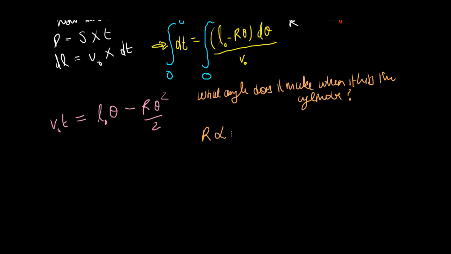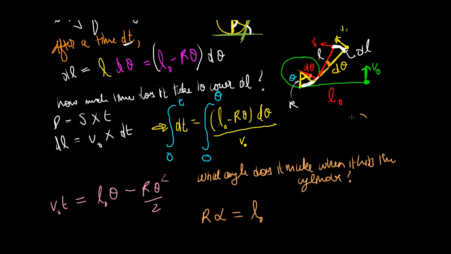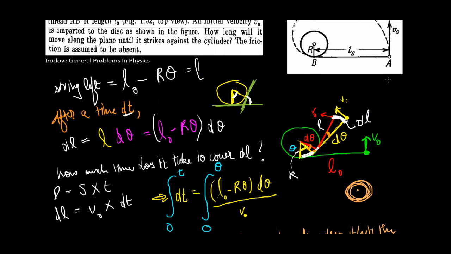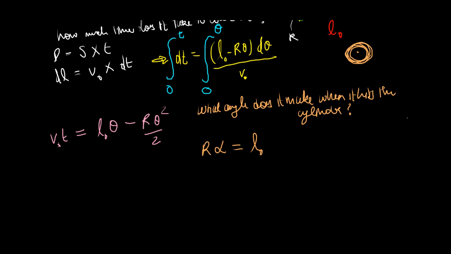R times that angle alpha, which it will make when it hits the cylinder, should be equal to L0. Because when the string is fully wound, the radius times the angle is the length of the arc, and that length of the arc will completely be L0 because it has covered the whole cylinder. So from here we get that alpha is L0 divided by R.